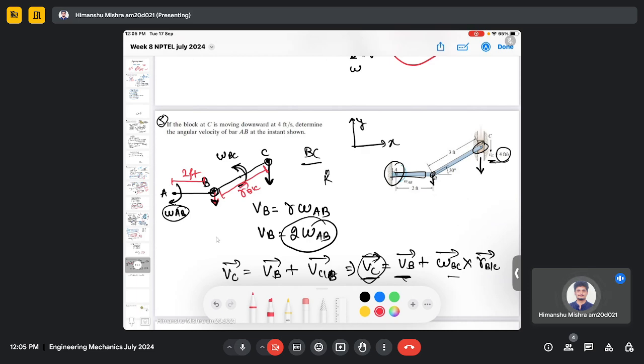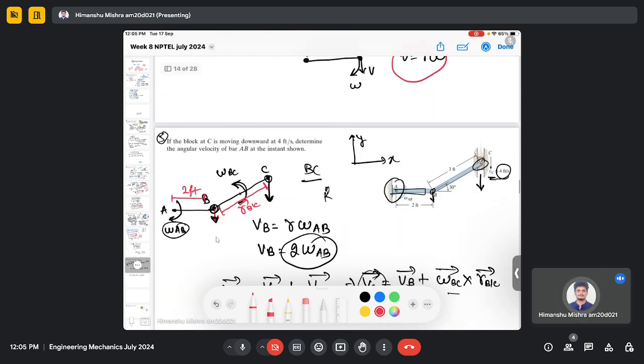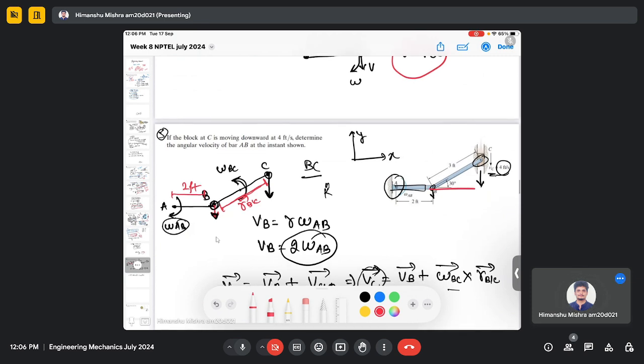In the previous question, the R BC was entirely in the y direction, which is h, so you write h as a j component. But here it is in both the x and y directions, so you can write down the x and y components.